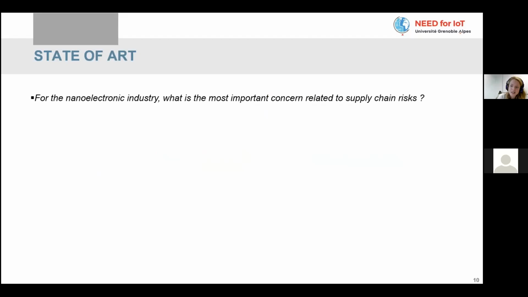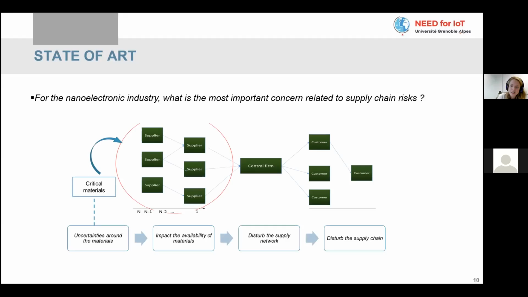So, for the nanoelectronic industry, what are the most important concerns? The most important concerns are the materials that are used. If we have uncertainties around these materials, these uncertainties arise from the context, as we said. All this will have a domino effect.